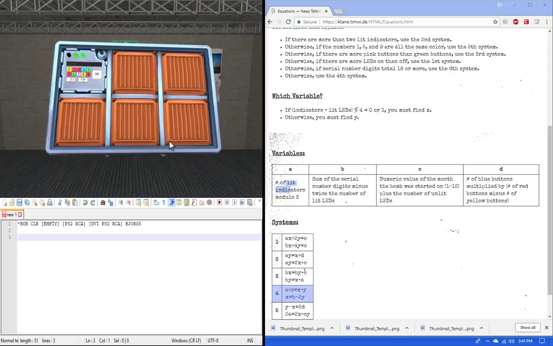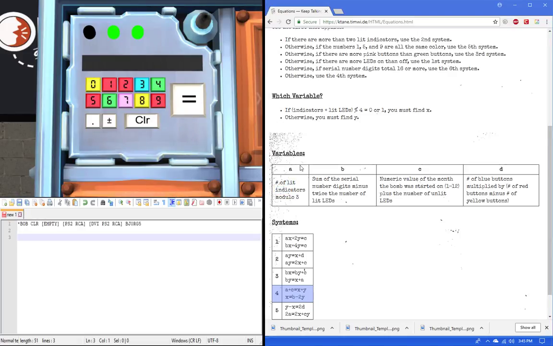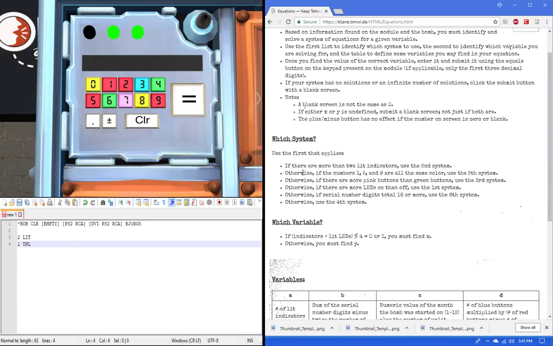So, as the defuser expert, I usually just give him how many lit I have. So I have 2 lit LEDs, so 2 lit, 1 unlit, and that's all I would tell him. Then we can just go back and forth.